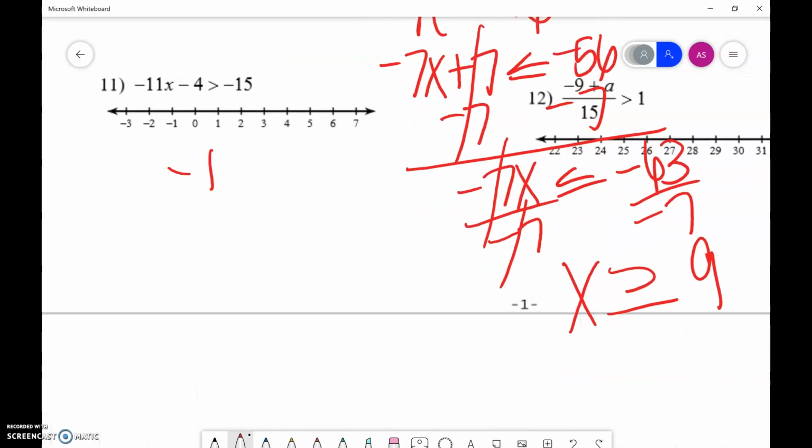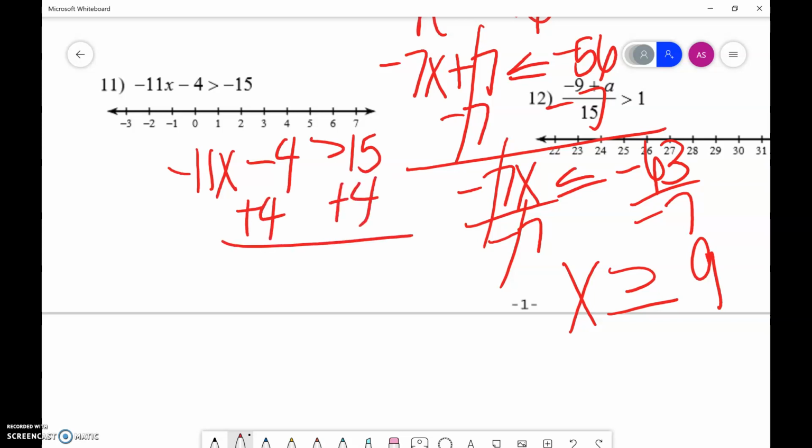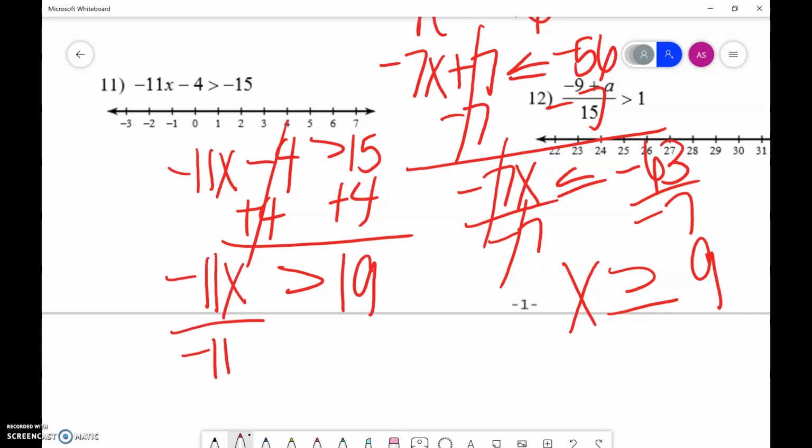And then number 11, I got negative 11x next. Minus 4 is greater than 15. I'm going to add 4 to both sides. I'm going to have 19. Then I'm going to bring down my negative 11x and my greater than sign. We're going to divide by, all right, hold on, I missed something here.